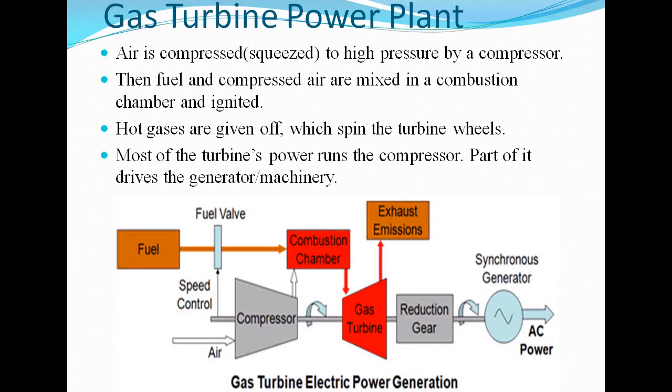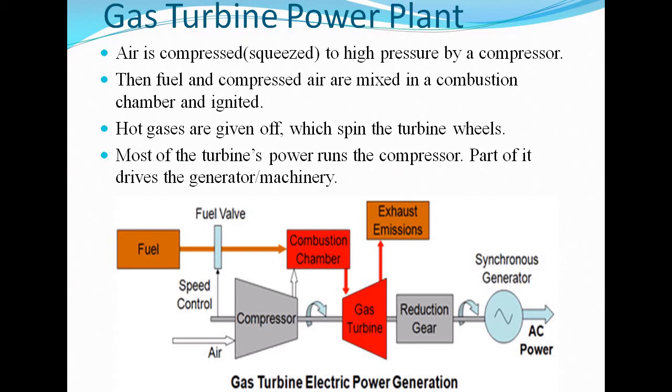Now the hot gases are given off which spin the turbine wheels. These hot gases generated at the combustion chamber will impart on the turbine blades, and the turbine will start rotating. Now most of the turbine's power runs the compressor, and part of it drives a generator or machinery.